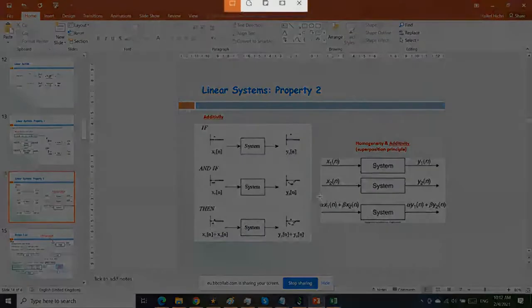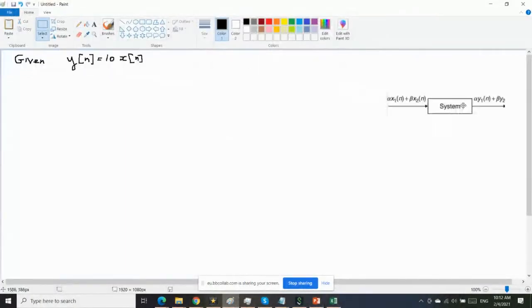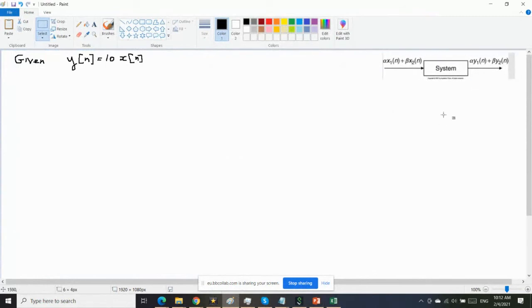If we have x1 or x2 and a linear combination of them, the output will be the same linear combination.